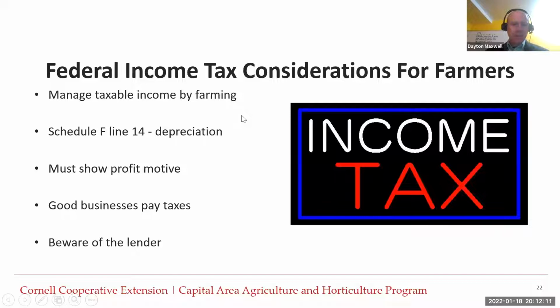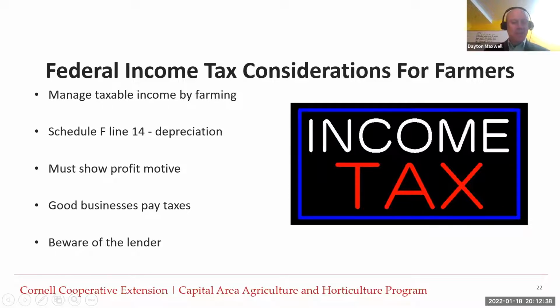So managed taxable income. Quick story here. We were at a farm meeting in Ghent this fall, and a young man there said he had a big farm and his wife was a doctor and she earned a lot of money, and the farm allowed them to offset her income. So again, managed taxable income by farming.